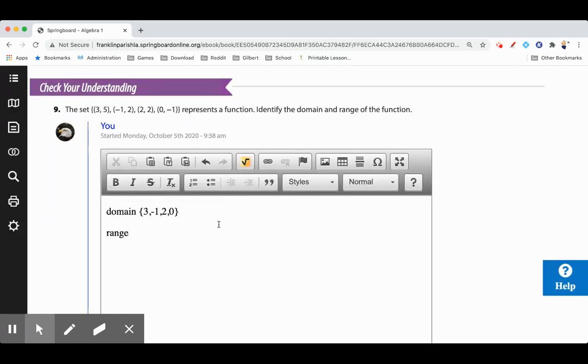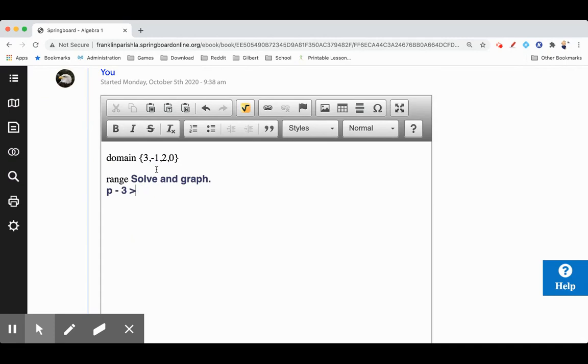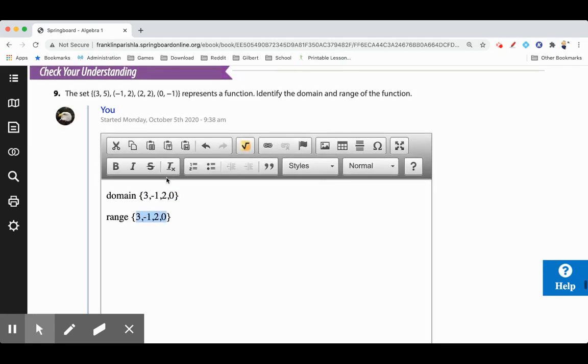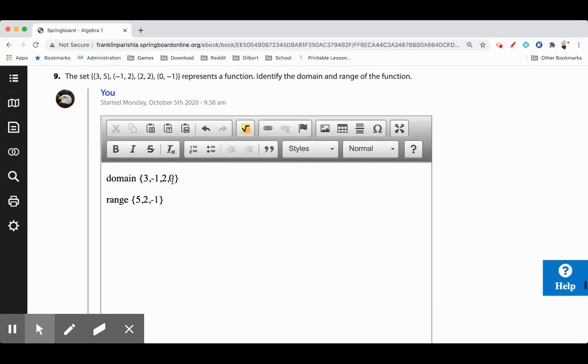The range is going to be 5, 2, 2, and well, we've already got 2, so we don't need to write it twice, and -1. Okay, domain and range.